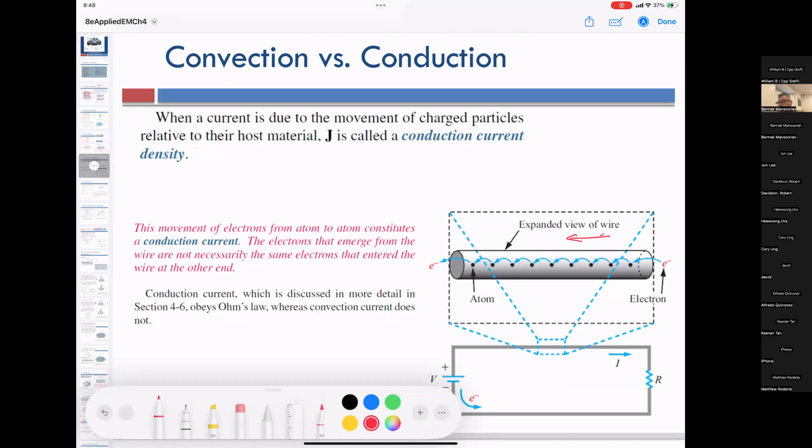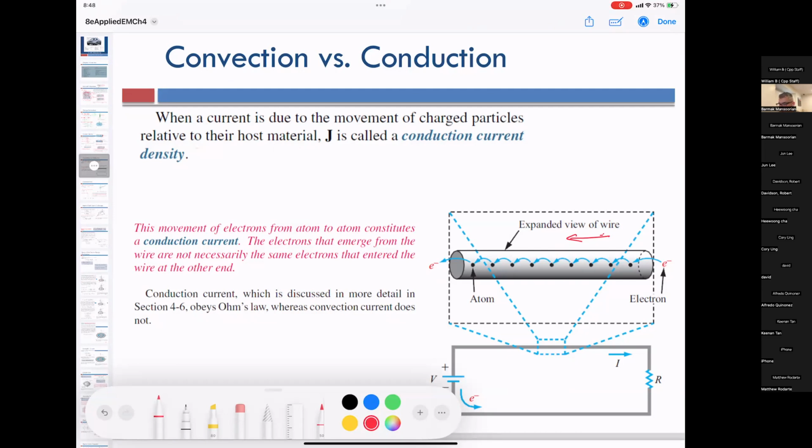Again, it's something they're defining. I guess we all kind of know that we're not really in the convection current domain in electrical engineering issues. I think they're just completing what a current is, or defining what a current is.